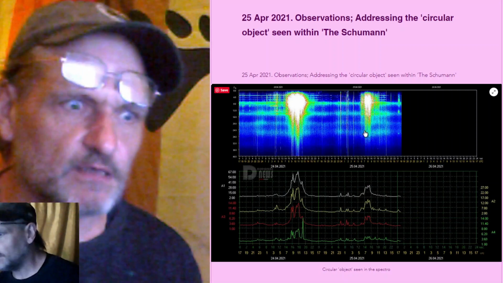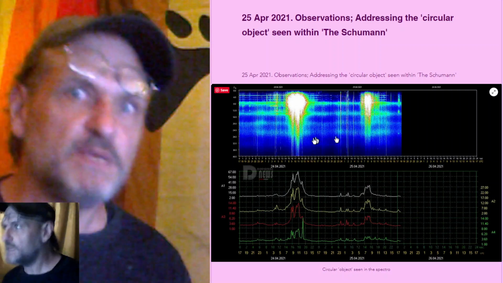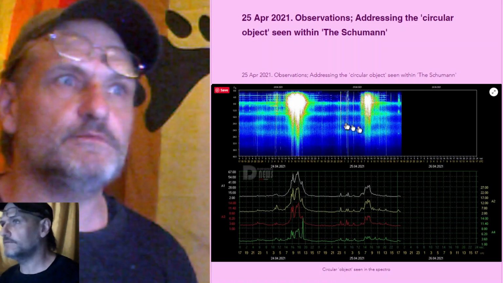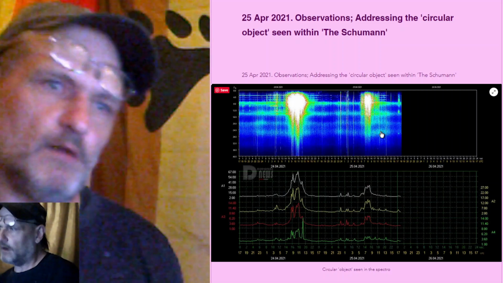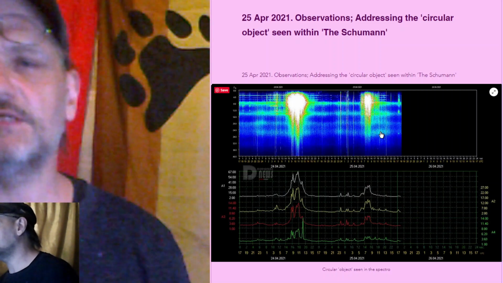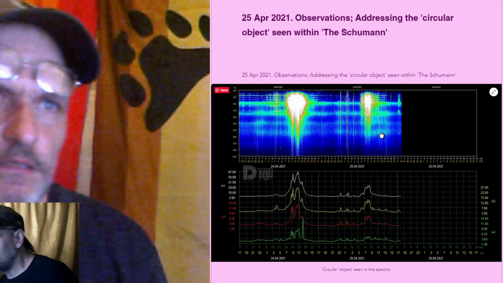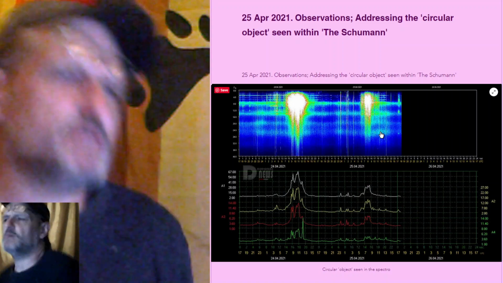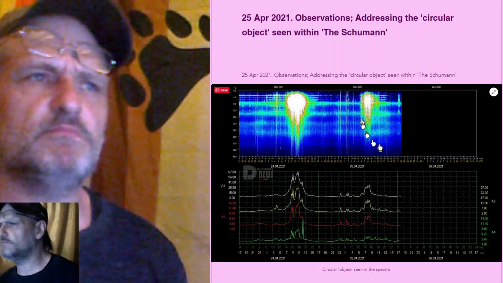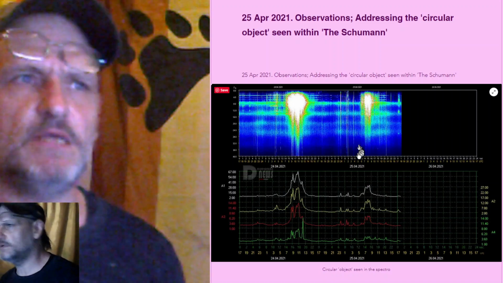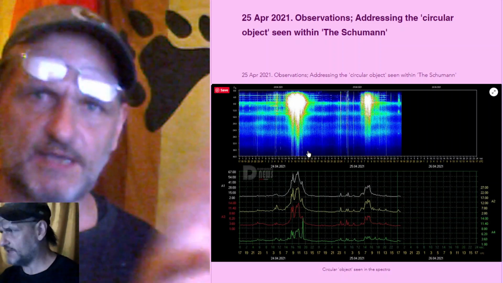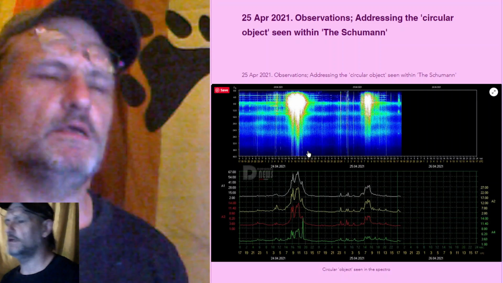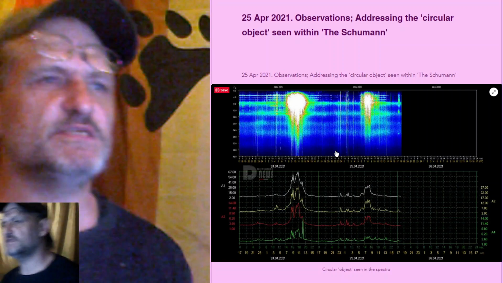I get the impression that some people look at the Schumann resonance spectrogram as either modern art or a societal mood ring, among other things. But there's always some interpretation in there that's not supported by the actual data. And that's what this is talking about.